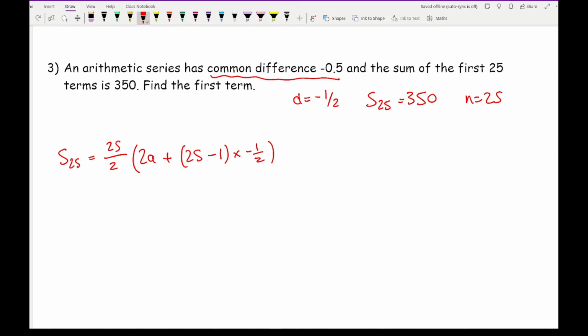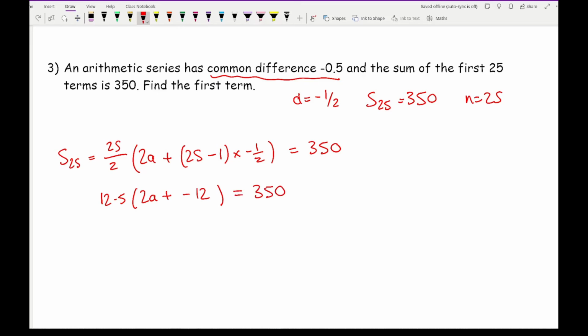And that is all equal to 350. So simplifying this, I get 12.5, it's going to be a lot of decimals, times 2a. And then we've got 24 times minus a half is going to give me minus 12, and that's all equal to 350. Then obviously we can either expand the brackets or we can take the 12.5 over to the side.